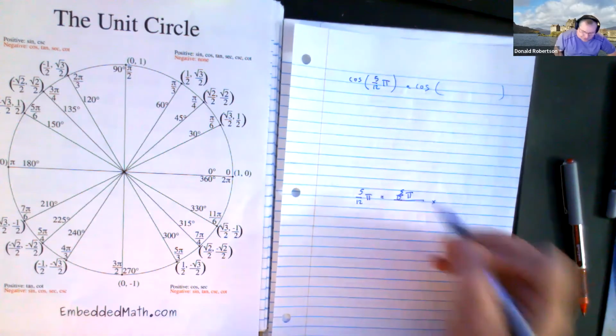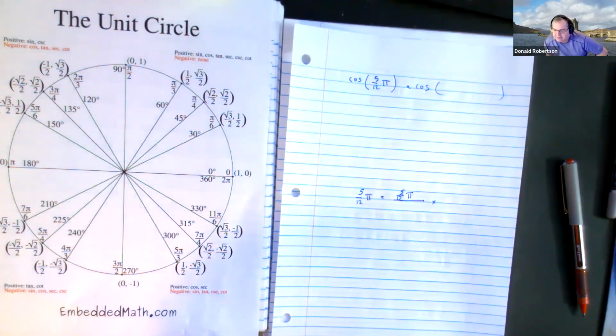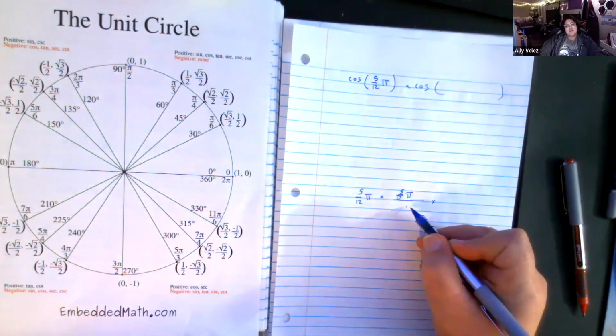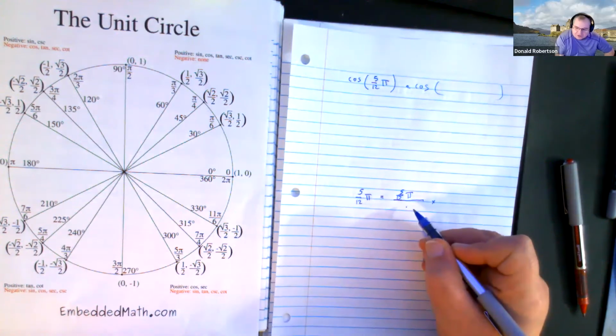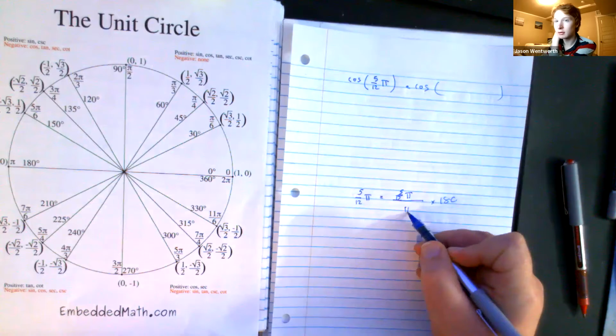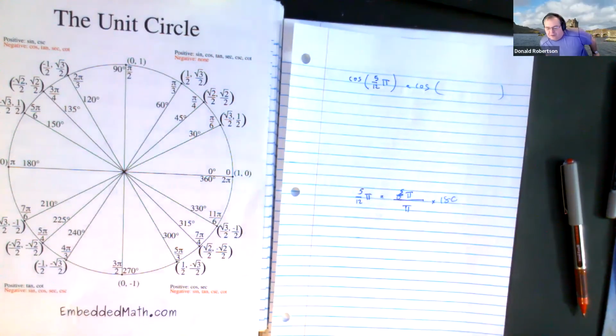What do you do with 5/12 pi? Divide by 180. The 180 is in the answer, but not the way you said it. Multiply by 180 and divide by pi. Yeah, you were going to do it the other way around. So you were darn close, right?